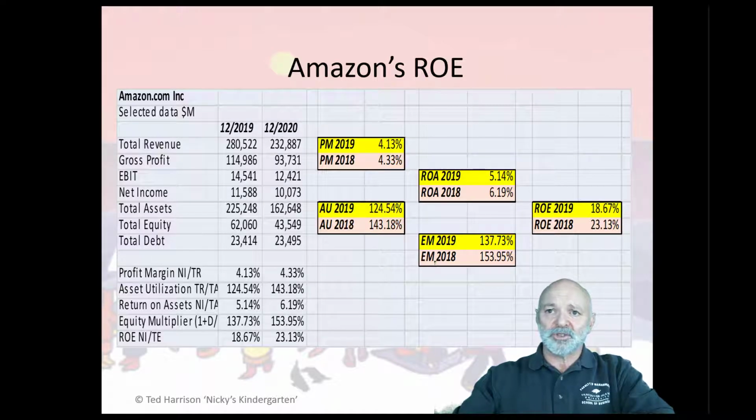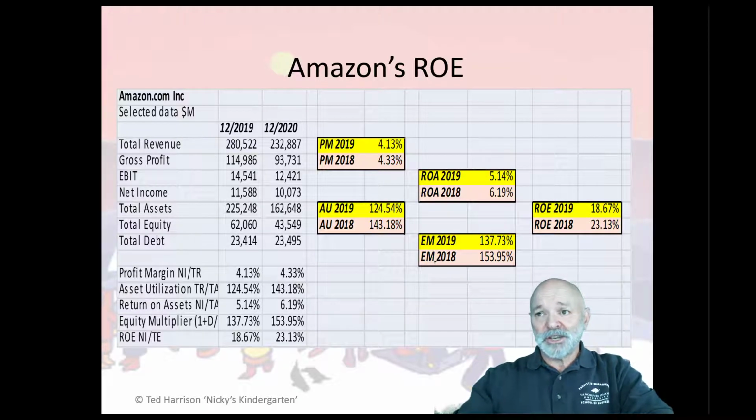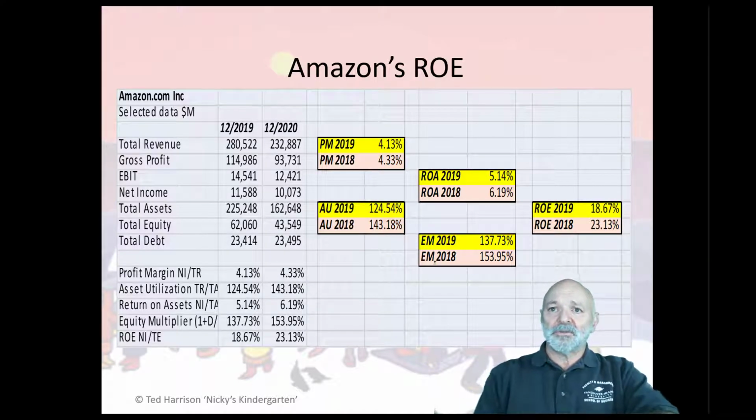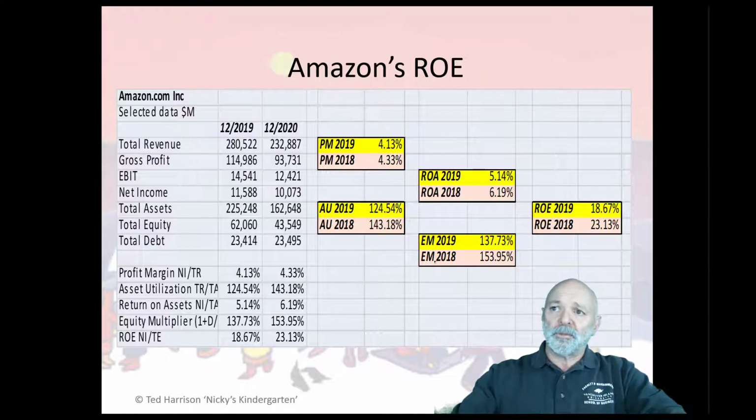In fact, that number's not changing from year to year, but their equity's gone up. So their equity multiplier has actually decreased because they're using less debt in the business. So 62 divided by 23 gives us our equity multiplier of 137%. Their equity multiplier, 1.37 times 5.14, gives us a rate of return on equity of 18.67%.